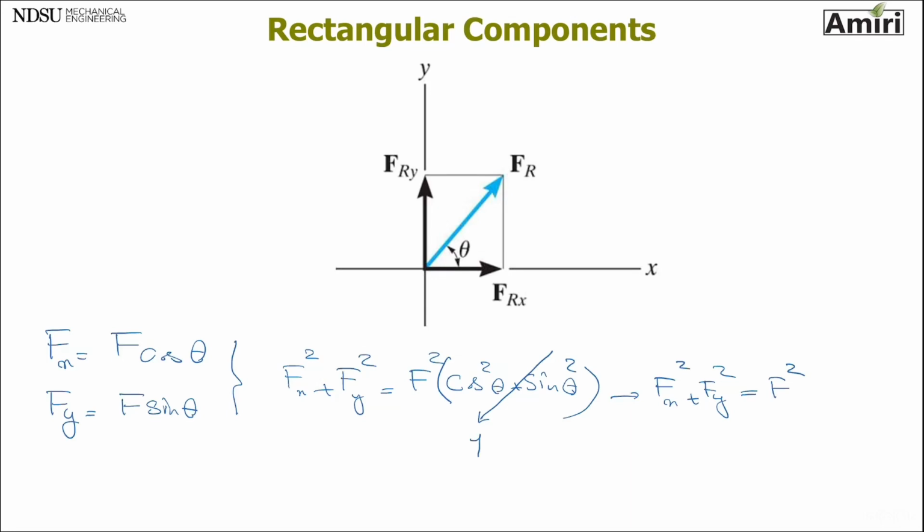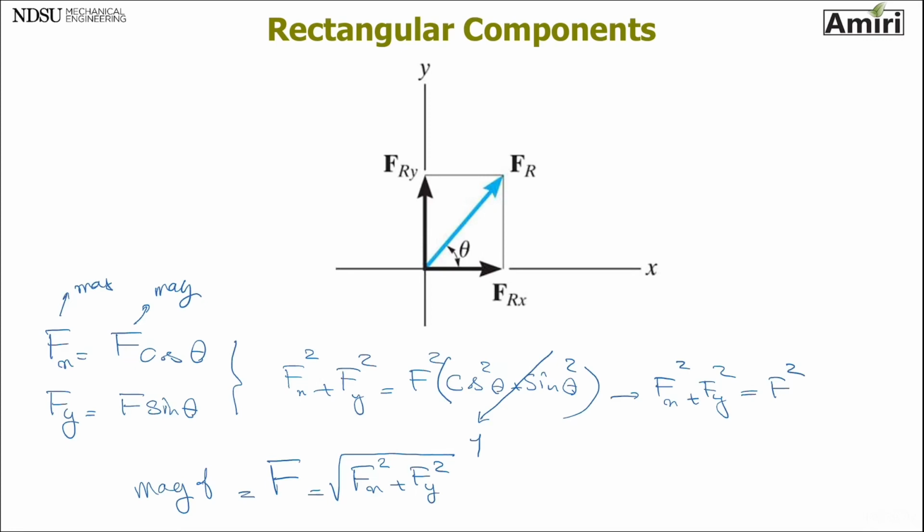These are all magnitudes, I don't need to remind you. So f equals the square root of fx squared plus fy squared. So the magnitude of f equals the square root of the components squared. This is for if someone gives you the magnitude of fx and the magnitude of fy and asks you to find the magnitude of the force F. This is how mathematically you can find it.